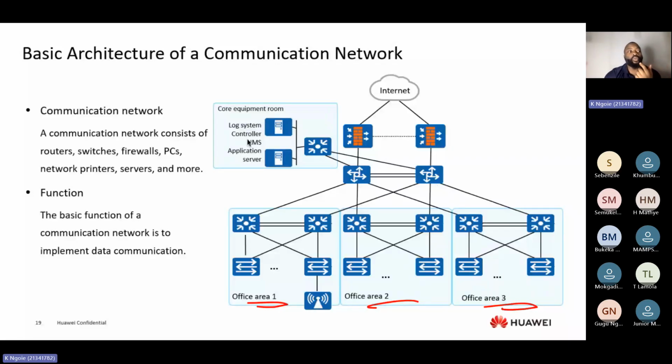So in this network we will have many devices involved. Obviously, you have all the computers. You will have firewalls, which will be for security. You have all the switches and routers. This company may have servers, too.